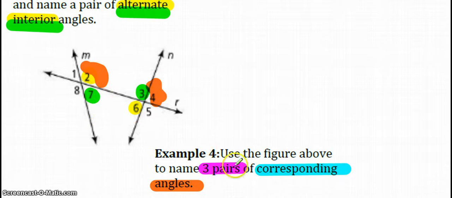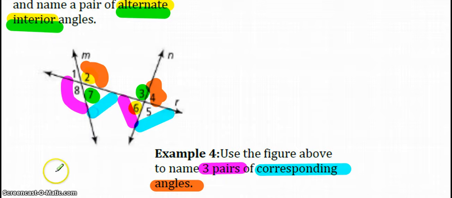Then if I look below the transversal to the left of my line, I can go below the transversal to the left of my line. And then we can also go below the transversal to the right. So we'd have 5 and 7.